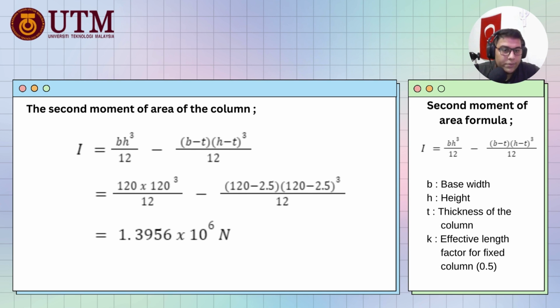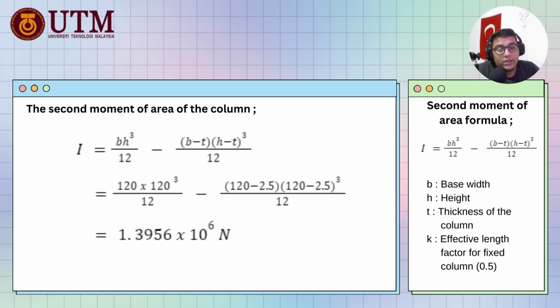Here I equals BH cubed divided by 12 minus (B minus t)(H minus t) cubed divided by 12.